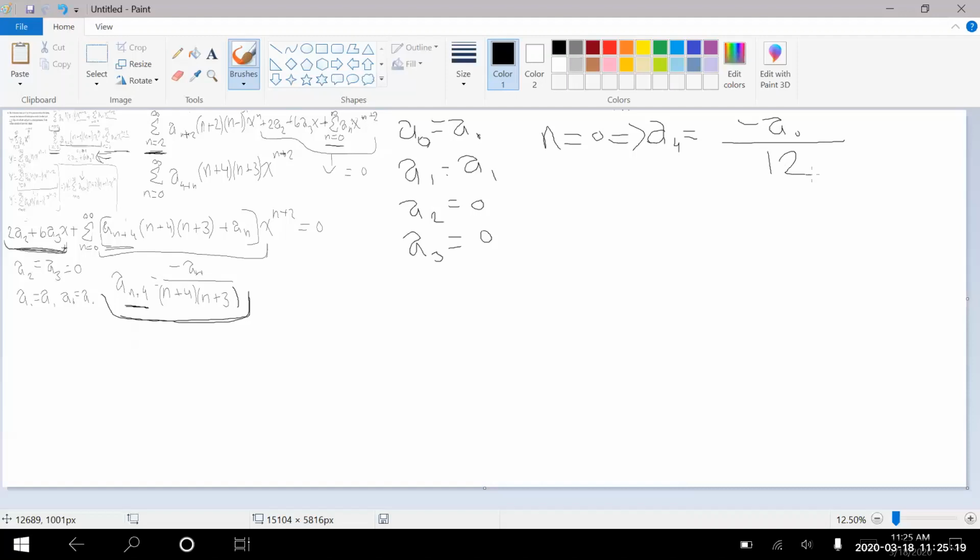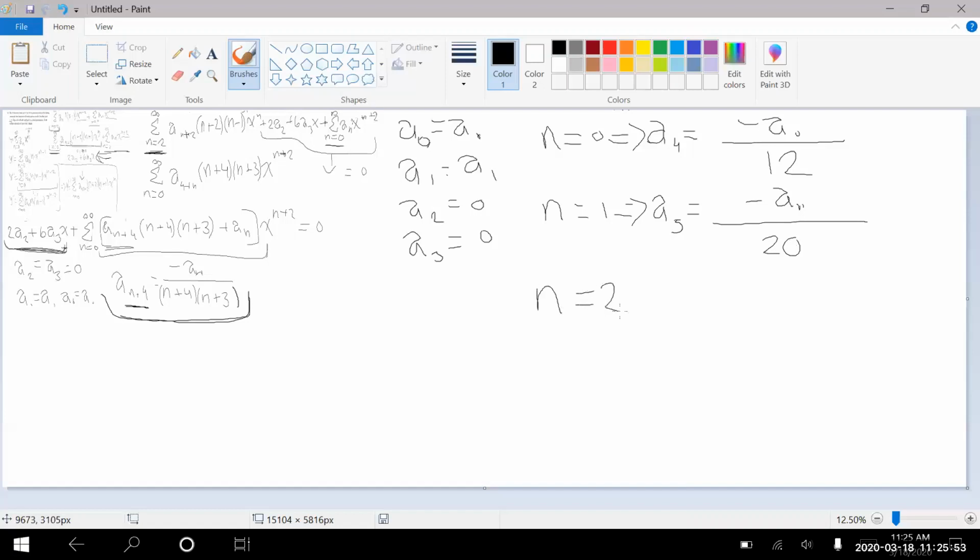Okay, so now we want a sub 5. So we're going to put n equals 1, which gives us a sub 5. When n equals 1, we have negative a sub 1. That's just a sub 1, not an 11. You guys got it. So when n equals 1, we have 5 times 4, so we're going to have negative 1 over 20, but you guys got the gist.